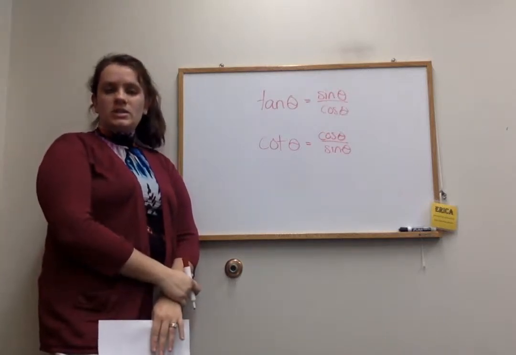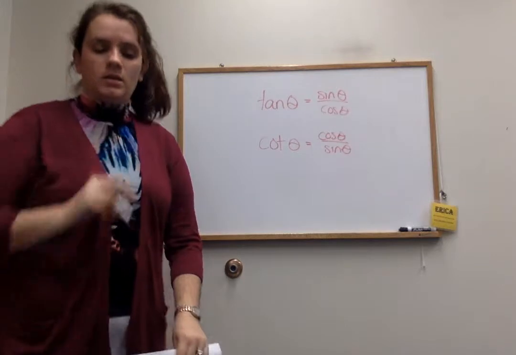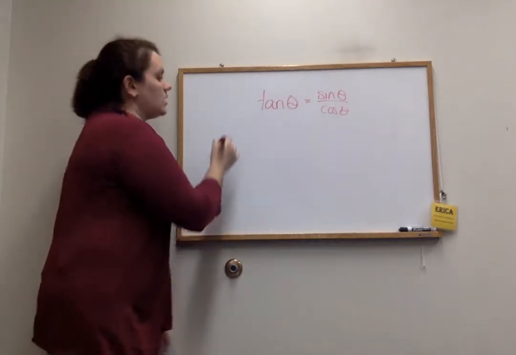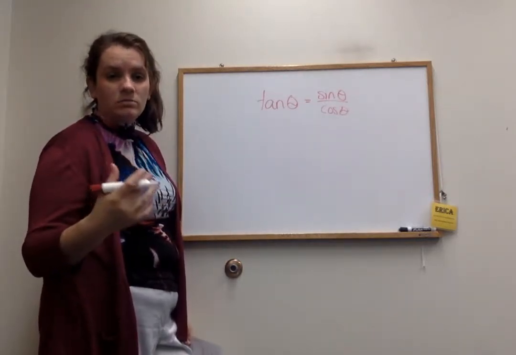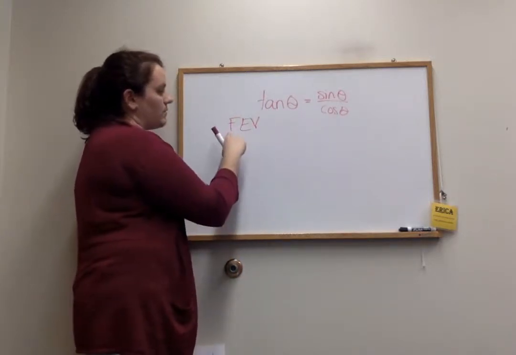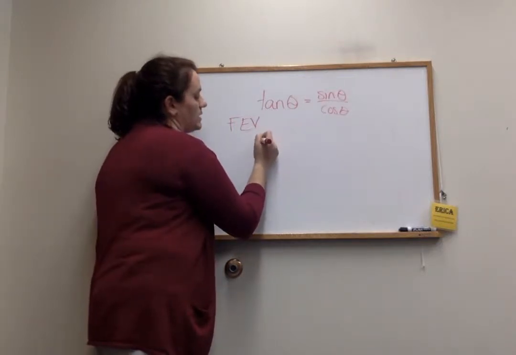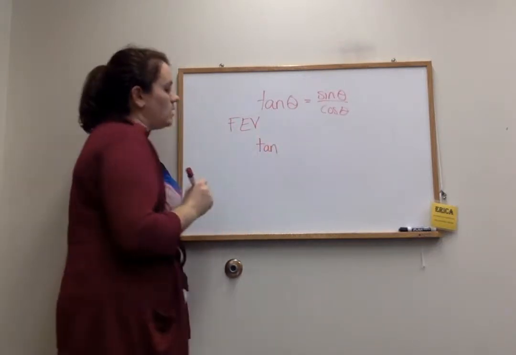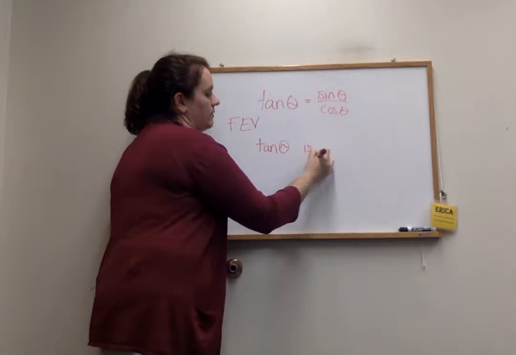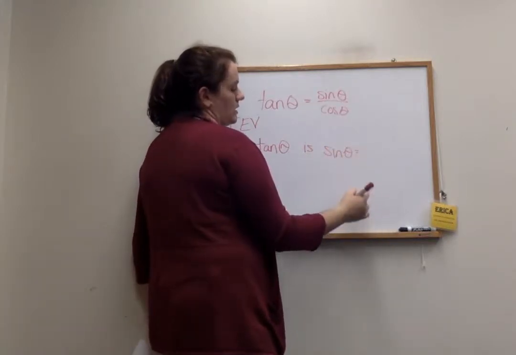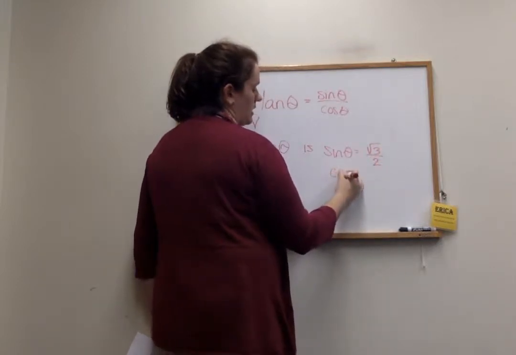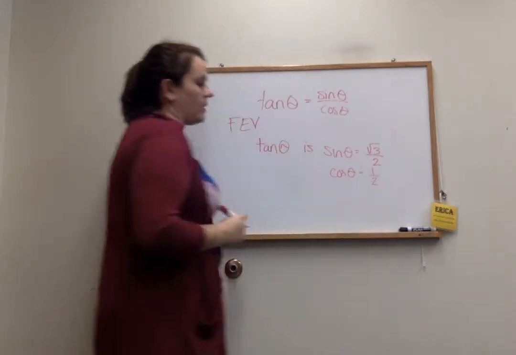Okay. So a question that you might see related to the quotient identities, and I'm going to leave tangent up there just because the example is going to use it, could be something like: find the exact value of the tangent of theta if the sine of theta is radical 3 over 2, and the cosine of theta is 1/2.